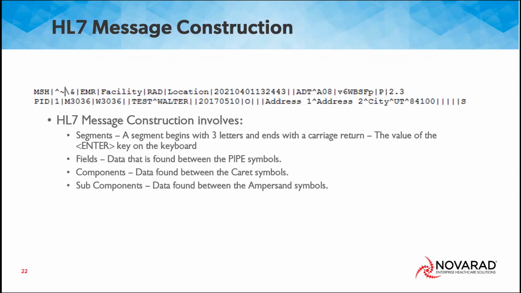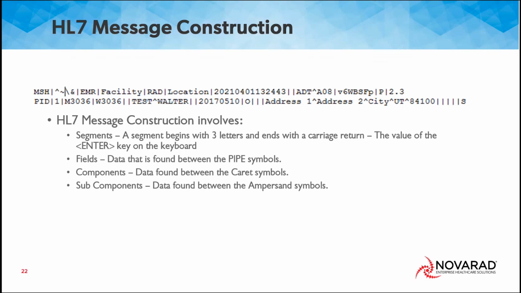But other vendors need to get way more detailed with their data, and putting subcomponents in with the ampersands is pretty important. The nice thing about looking at the message that you see above is that way back in the old days, all this information could be transferred in what was called a comma-separated values file.